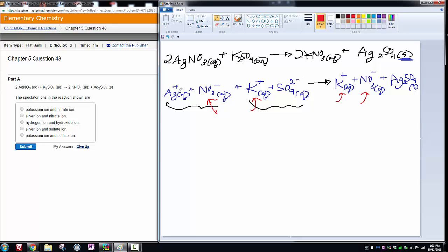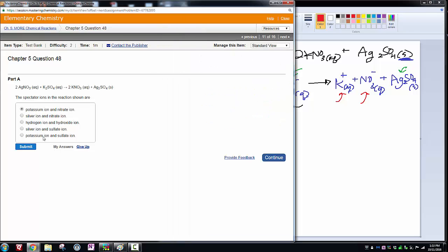So what did change is the silver reacted with the sulfate to make silver sulfate. That's what actually happened. And the rest of this just came along for the ride, but it didn't actually participate. So those are the spectator ions. Spectators. Potassium and the nitrate. Spectators.